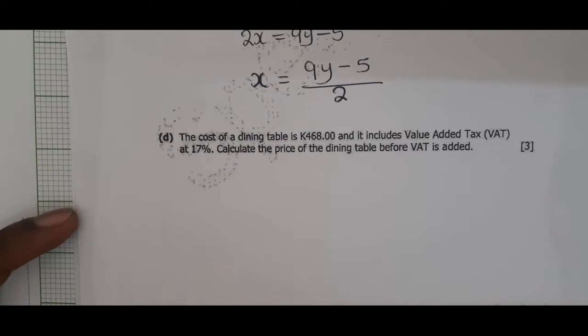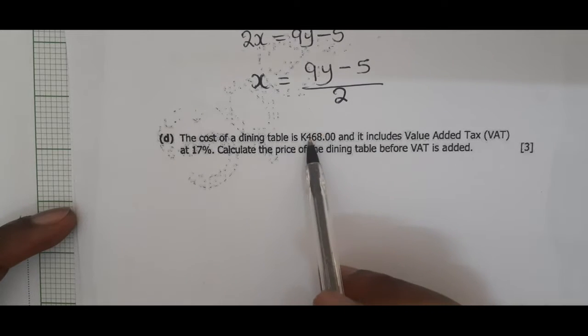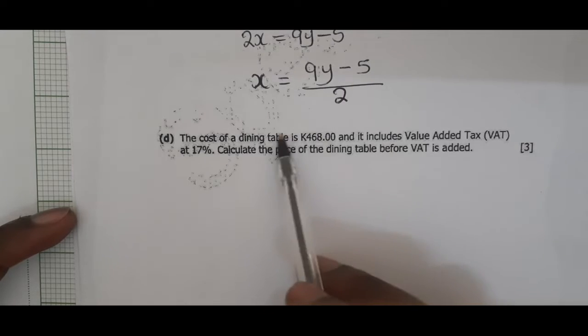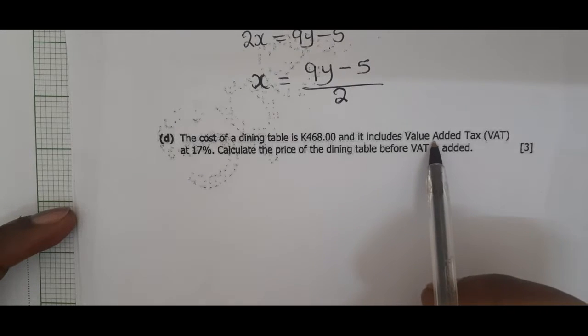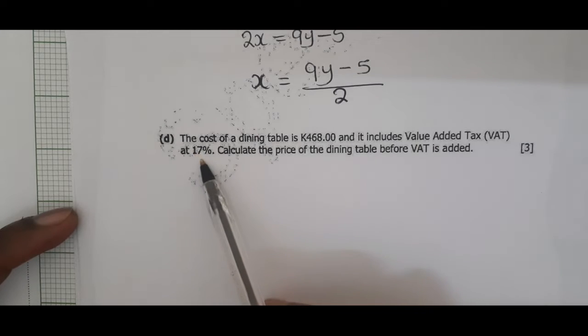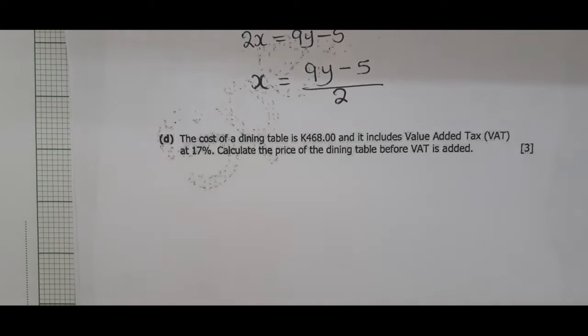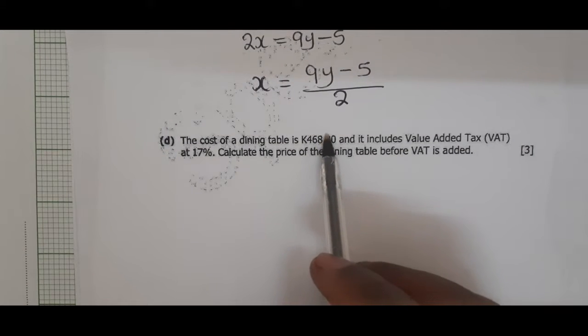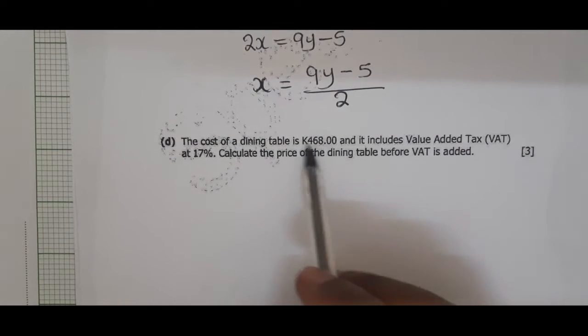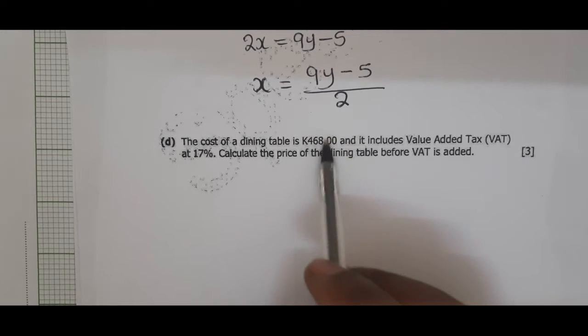Okay? Before VAT is added. So this amount of a dining table includes 17% of what? There is a 17% of a dining table here on this amount.